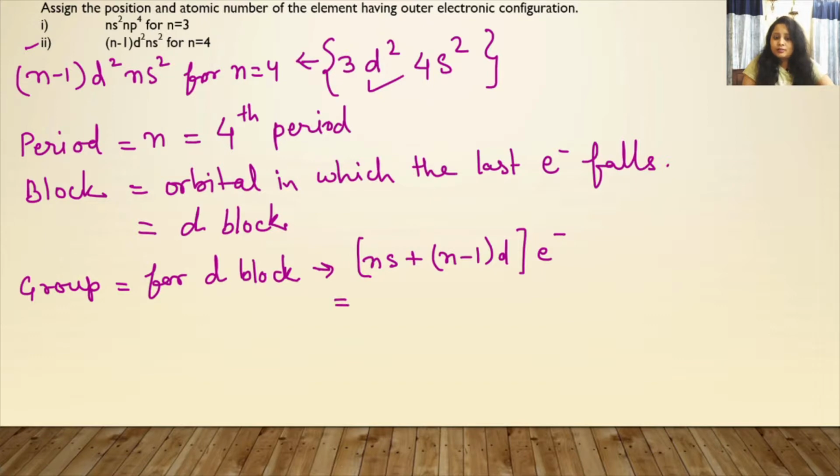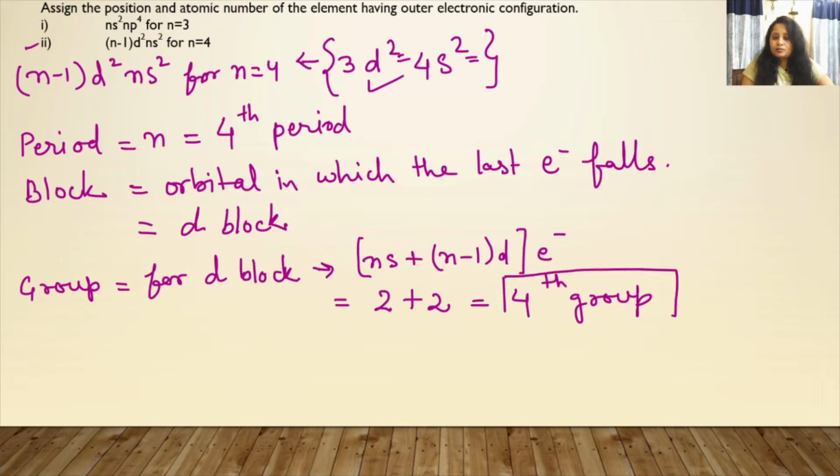So ns means 4s, here 4s having 2 electrons. We can write 2 plus (n minus 1), which means 3d. 3d having how many electrons? Again 2 electrons. Now add up: 4. So we can say our element belongs to the 4th group.